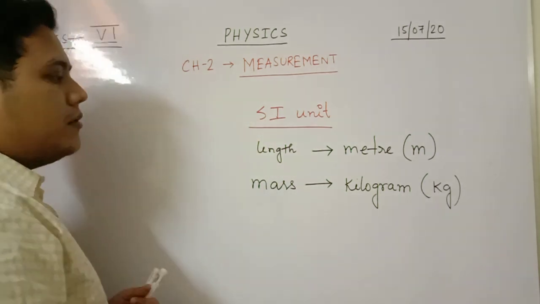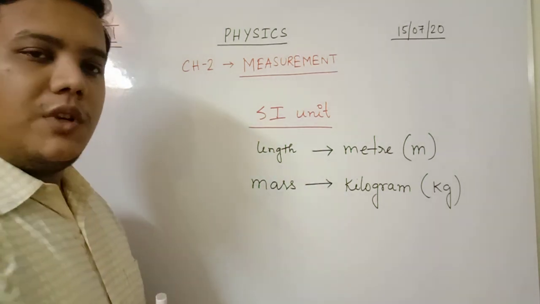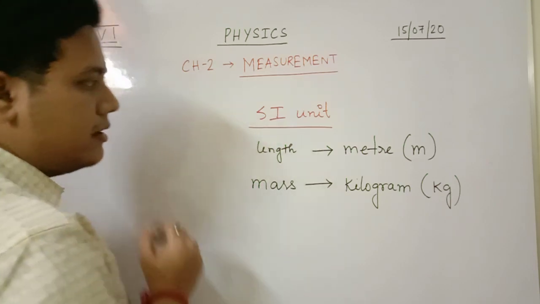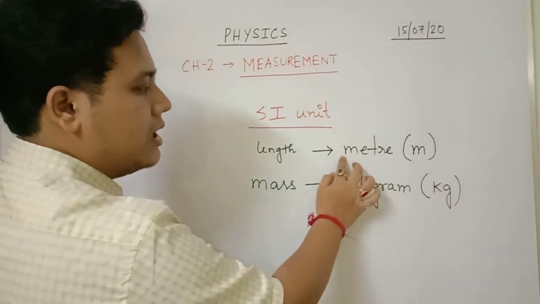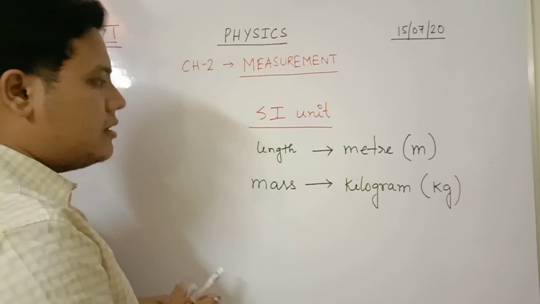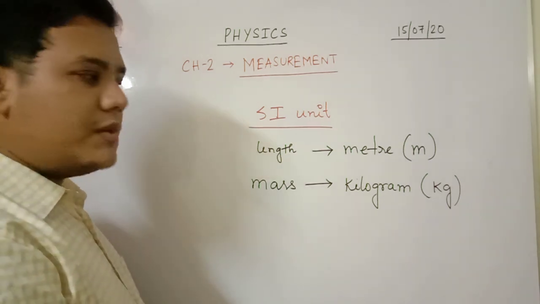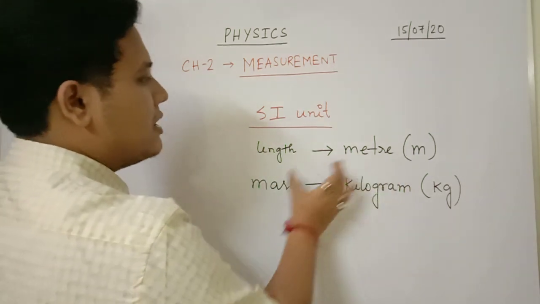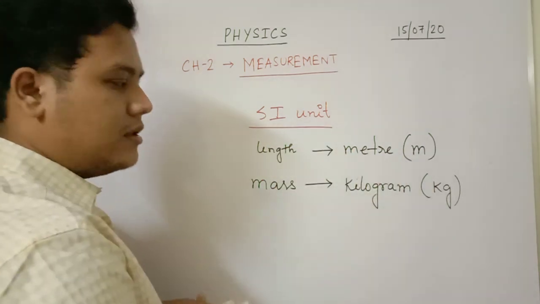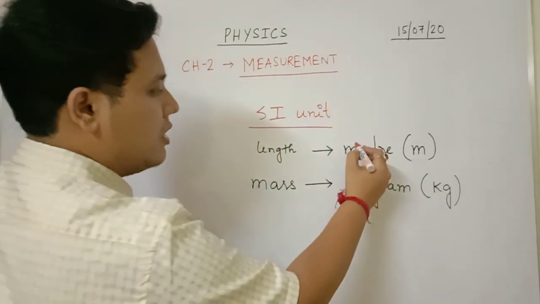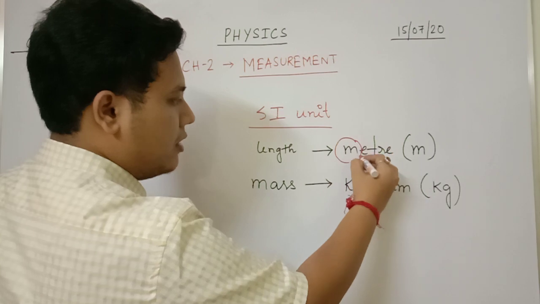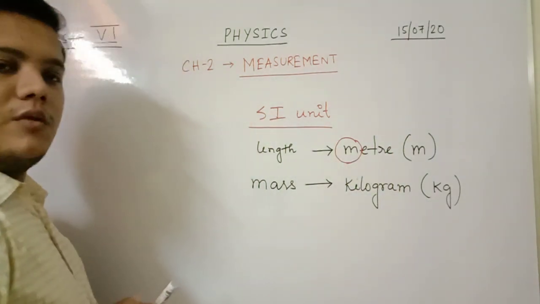Now, for writing these quantities, we need to look at something. Here, the meter starts with the letter M. The scientists thought about how to represent the SI units in symbols. At first they thought to give the first letter of the unit.